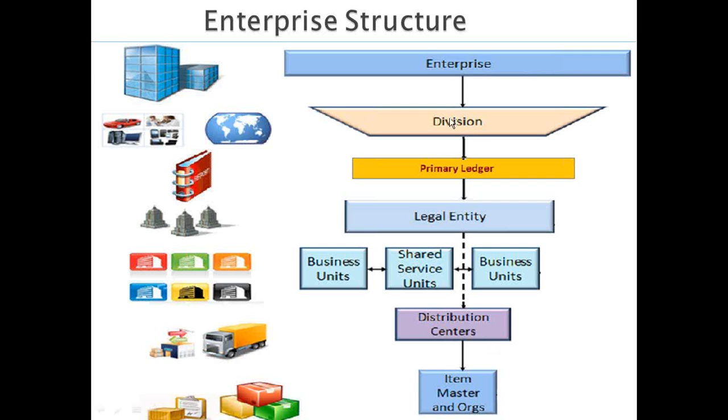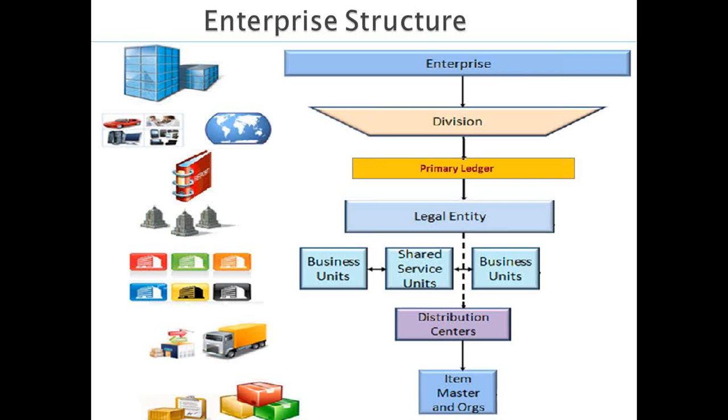So finally, if divisions and distribution centers are not mandatory, our Fusion enterprise structure will remain almost the same as EBS. In place of business group, we have enterprise. Of course, here enterprise is more than a business group, because it can hold different countries' data groups.